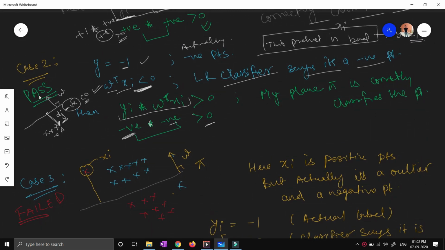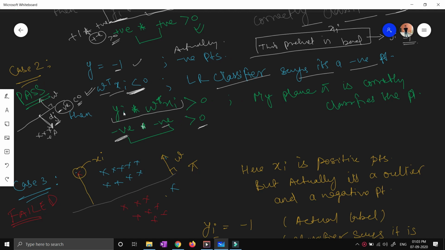When I say that my cases pass, it means that whatever plane I have randomly created correctly classifies our points, correctly telling us that it's a positive data point or positive review, and it's a negative review. So always remember this particular term, yi cross w transpose xi is greater than 0.